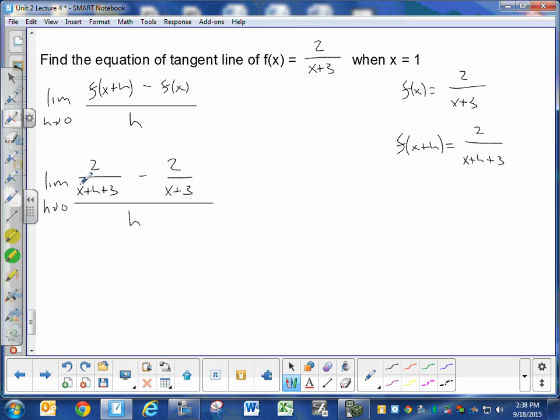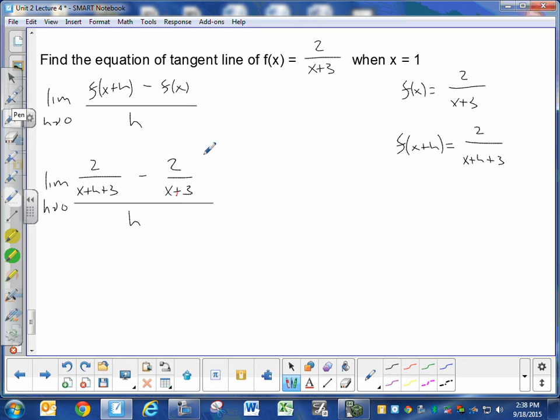You think you can just add h to the bottom and add h to the top? But that is not allowed, okay? That is changing something. You're allowed to add 0 to something, but I'm not allowed to add anything other than 0, because that's going to change it.